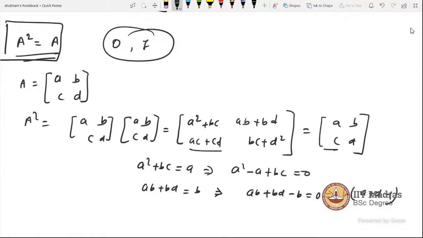Similarly, if you compare, it will be AC plus CD, which is equal to C. Taking this to one side, it will be C times A plus D minus 1 equal to 0.